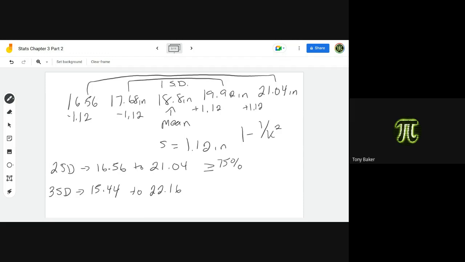Now, if we did 3 standard deviations, what's 3 squared? 9. So what's 1 minus 1/9? It'd be 8/9. Now, if you divide 8 by 9 in your calculator, you get 0.88888888. It keeps going. So we'll do 88.9%.